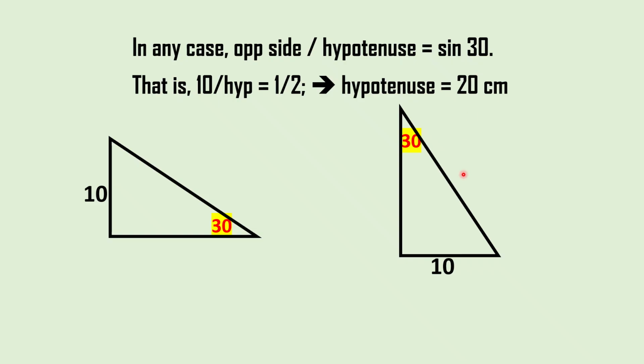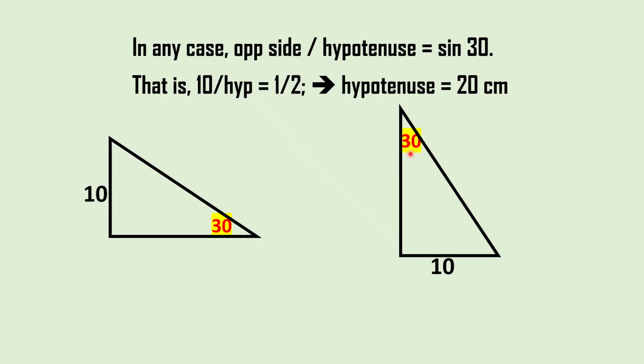In whichever way you draw, because we are taking sine 30, concentrate on 30, whichever figure you take. Opposite side 10 divided by hypotenuse should be sine 30. So opposite side is 10 in both the cases.